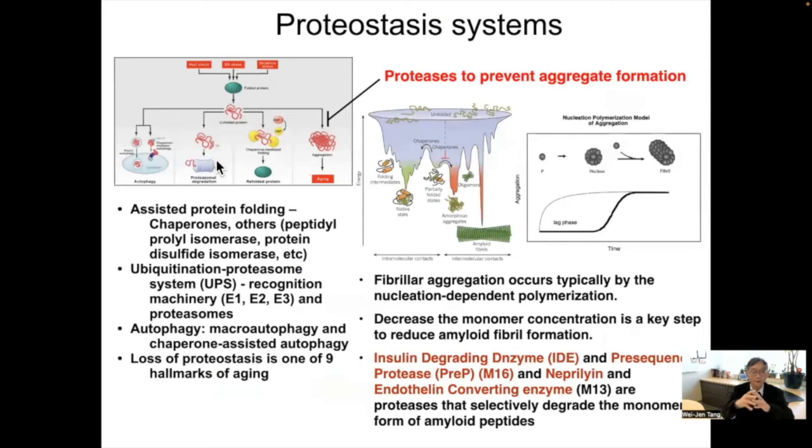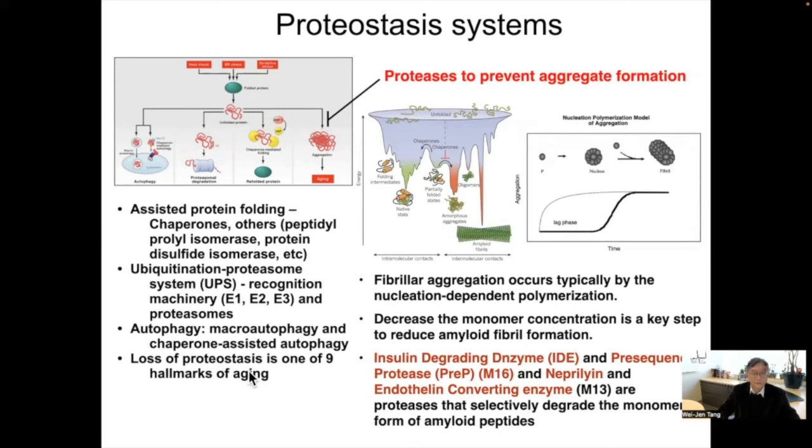Our body has three major systems to control protein homeostasis, including chaperones to assist protein folding, the ubiquitination and proteasome system to degrade protein, and autophagy, where the cell engulfs and digests damaged protein.